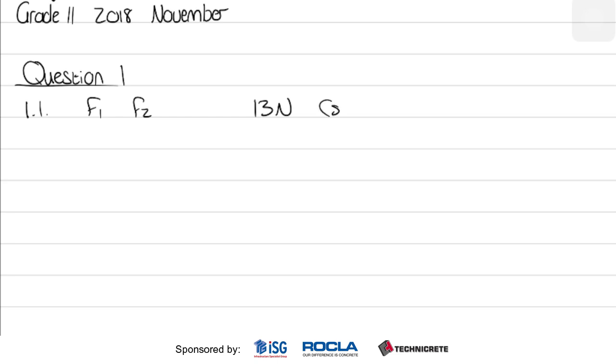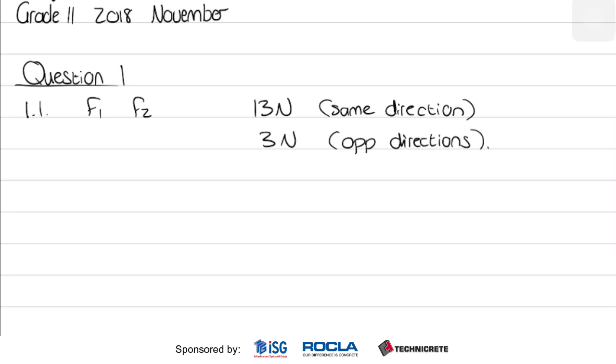If they act in opposite directions, the magnitude of the minimum resultant is 3 newtons. And then they ask you, what is the magnitude of the 2 forces in newtons?